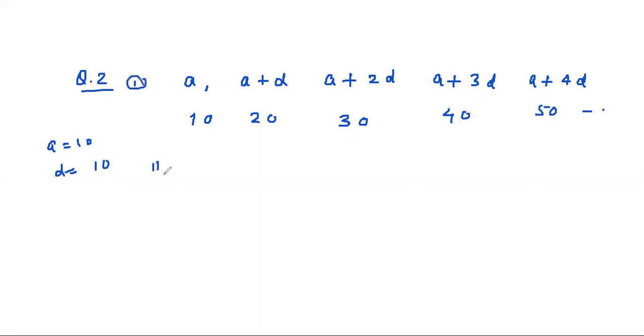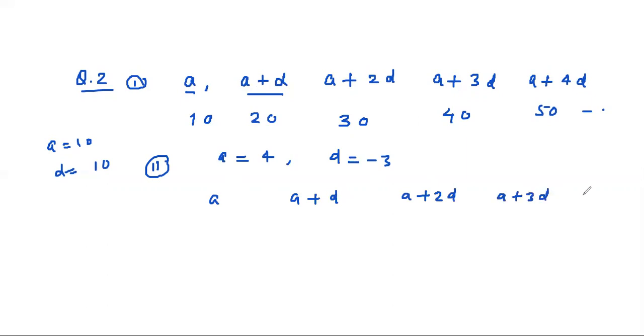Now let's consider the second part. Here A is given as 4 and D equal to -3. So in the same manner, we can write A, then A plus D, then A plus 2D, then A plus 3D, then A plus 4D, and even A plus 5D, etc. So let's put the values: 4.